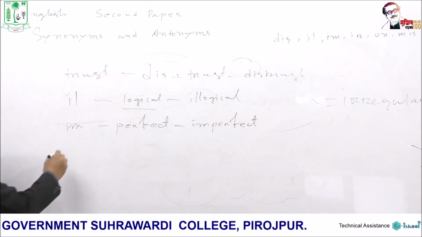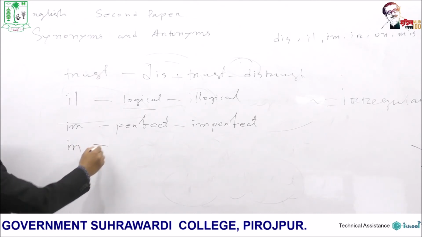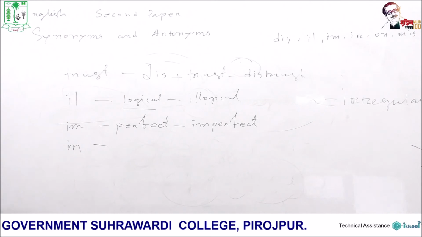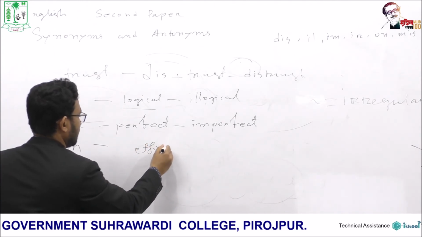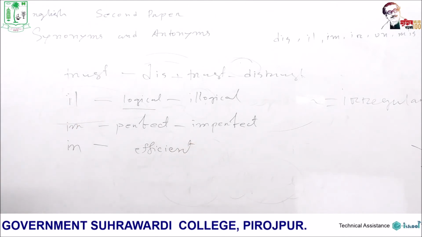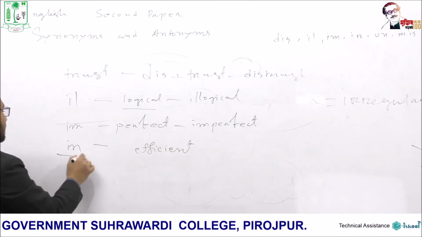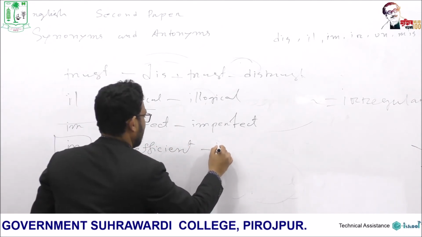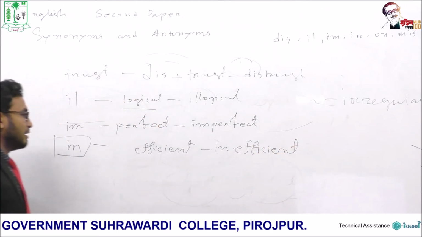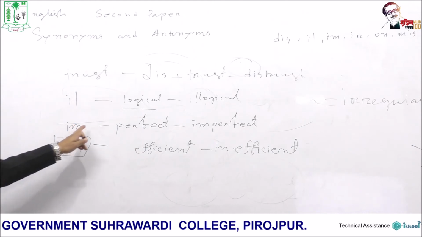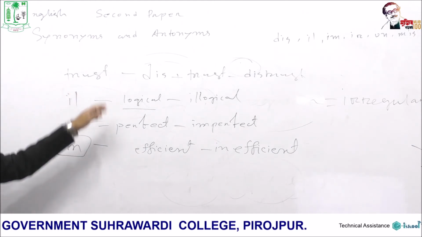And look at this prefix, in. Can you write an antonym with the prefix in? Look at the word efficient. With the prefix in we can write inefficient. So in also creates an antonym, im creates an antonym, il creates an antonym, dis creates an antonym.